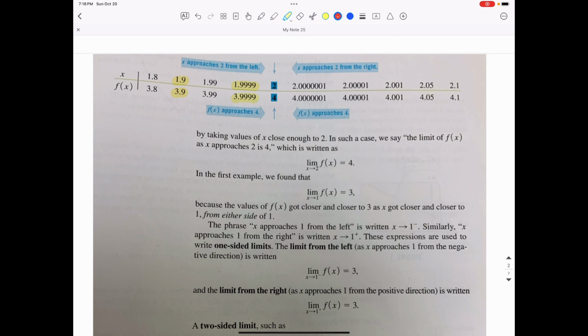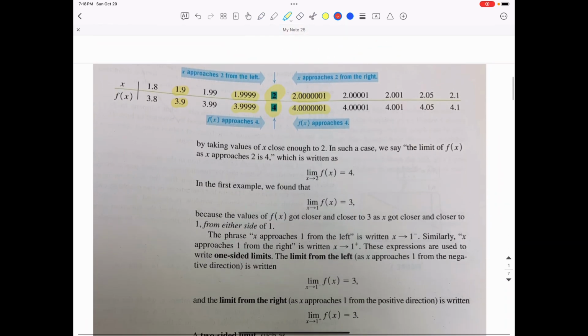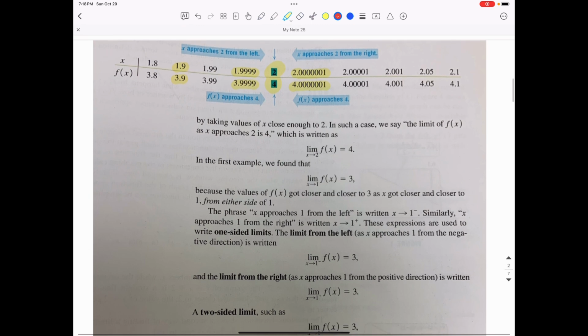And on the other side, if we were a little bit larger than 2, 2.0000001, that gives you an answer of 4.0000001. So you can see that as we get closer to 2, the answer for f of x is getting closer to 4. But we can't figure that out by simply plugging in 2 for x, because plugging 2 in for x gives us 0 in the denominator. And so again, this is why limits are necessary.